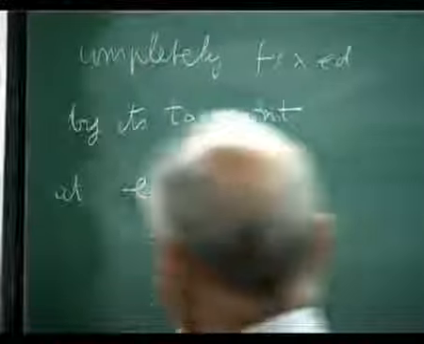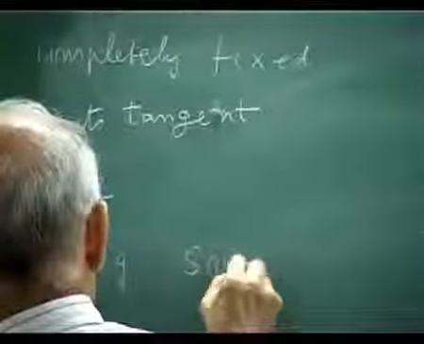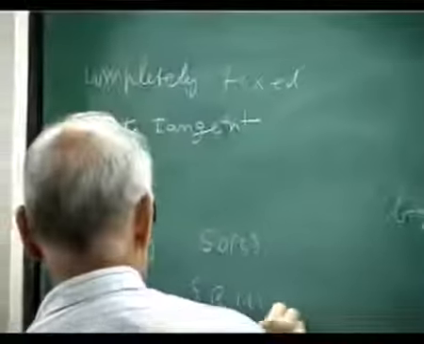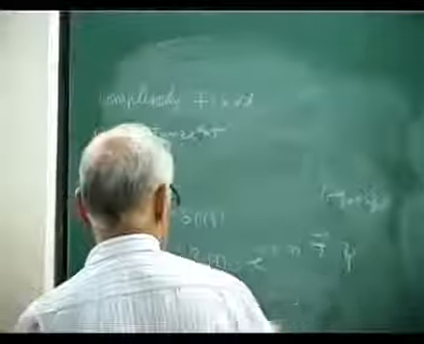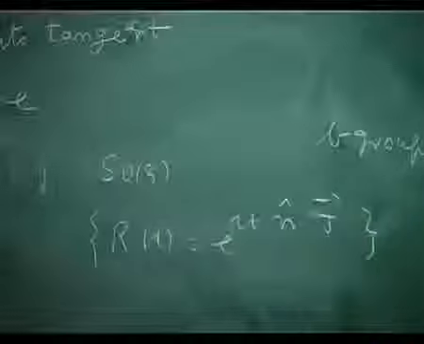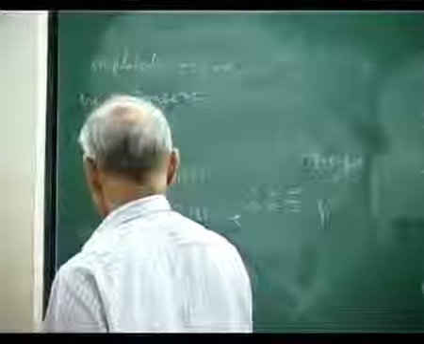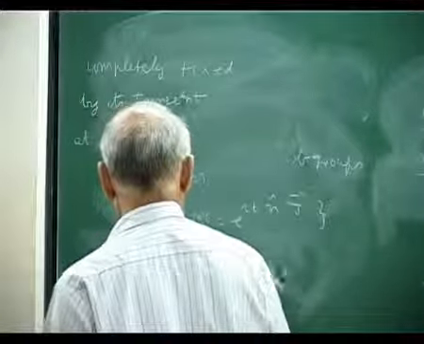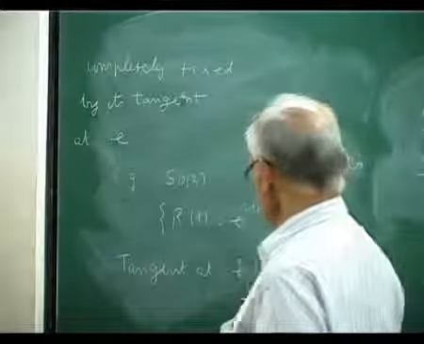For example, this SO3, and I look at R of t, which is exponential of i t n hat dot J. The tangent at the origin, at E, in local coordinates, is just n.